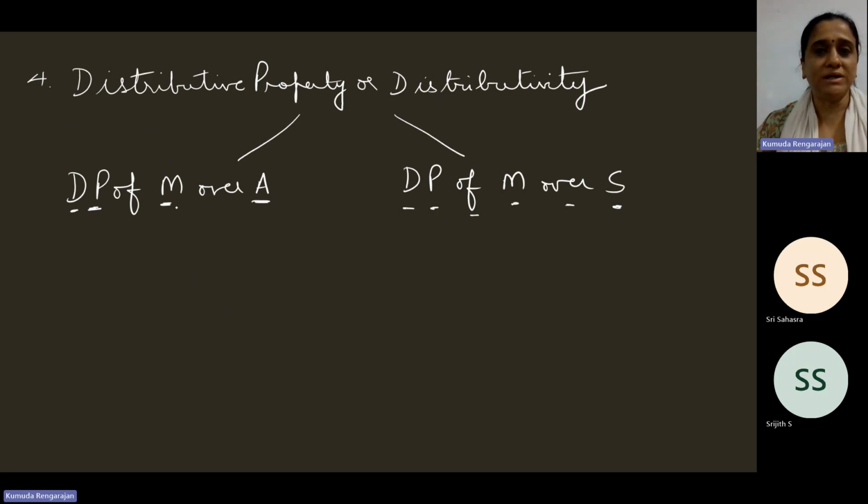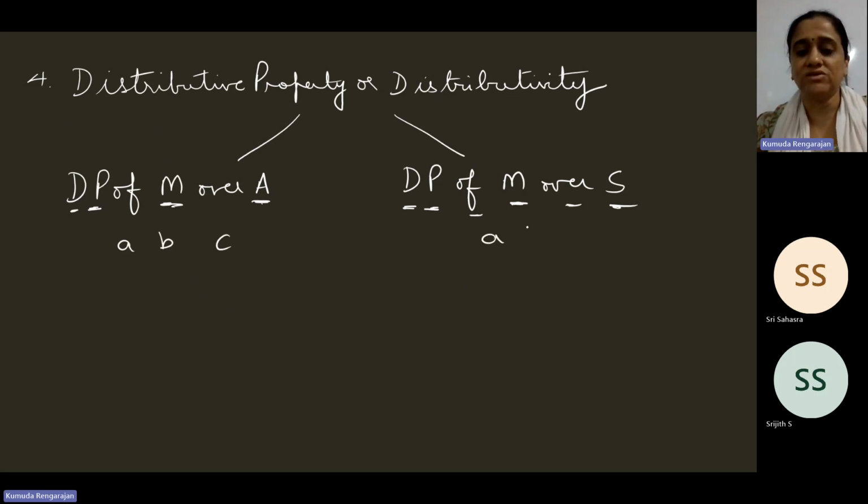So for both, you need to consider 3 numbers, 3 rational numbers A, B, and C.